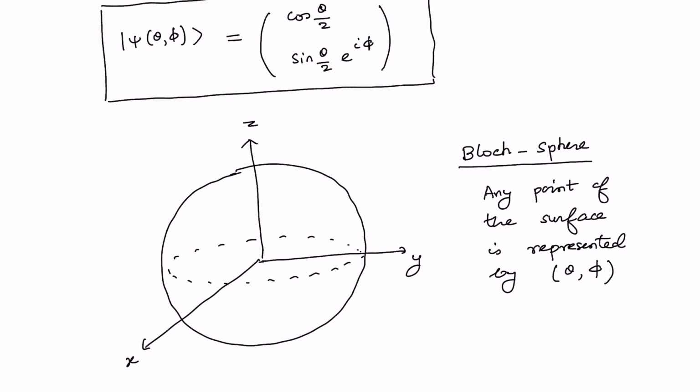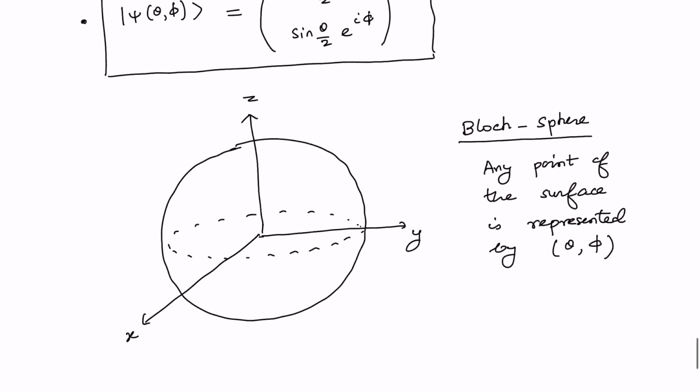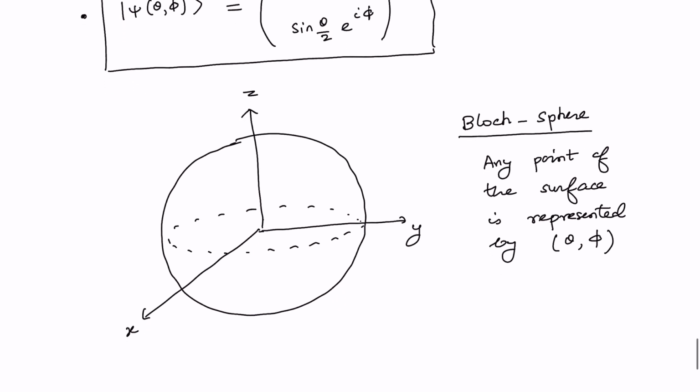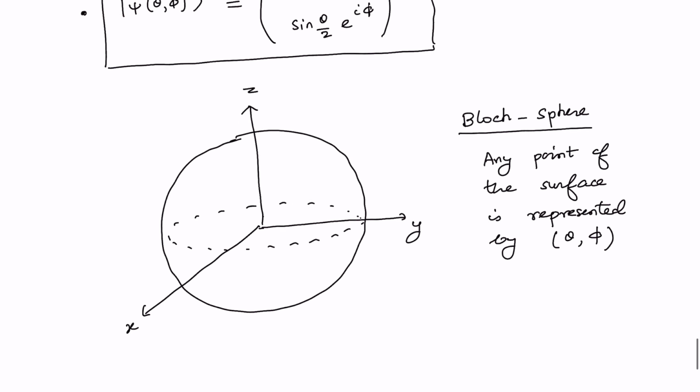So as you see, the trick here is that because the quantum state is also represented by theta and phi, any point on the surface of the sphere is a quantum state. So I hope you are getting the idea. Now depending on the various values of theta and phi, you are going to get different quantum states.